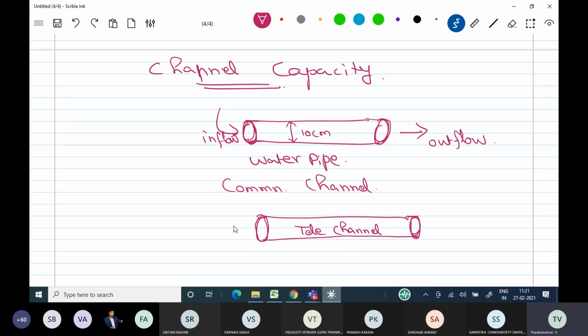Now, whether a telephone channel or any channel is available, we are going to find out the channel capacity. Based on the channel capacity only, we can say our data connection speed.